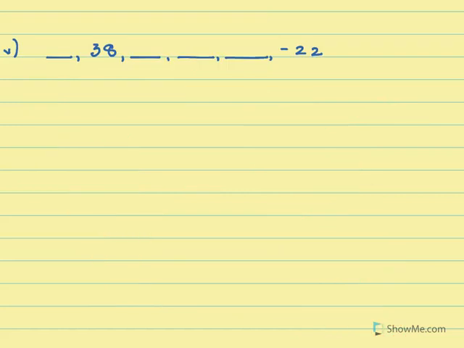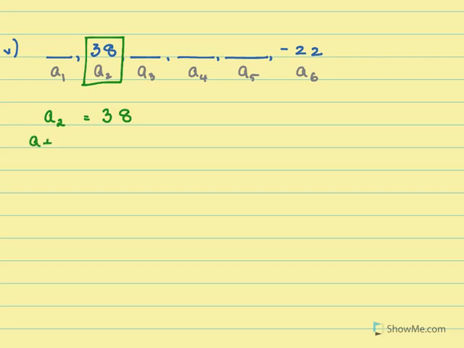This is our next sum, and in this sum, this is my A1, A2, A3, A4, A5, A6. So if I make my first equation, it will come from here, that is A2 equal to 38. A2 is A plus D equal to 38, equation 1.